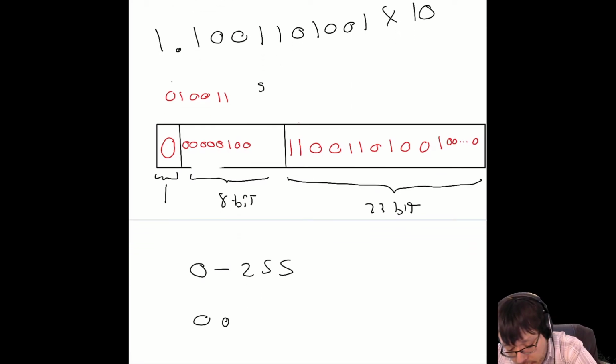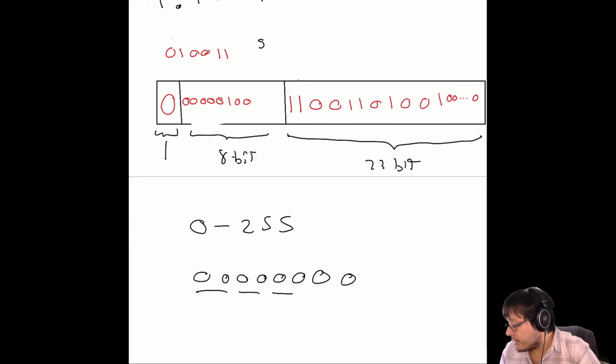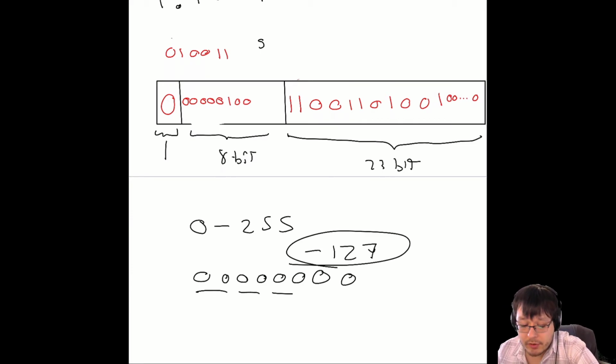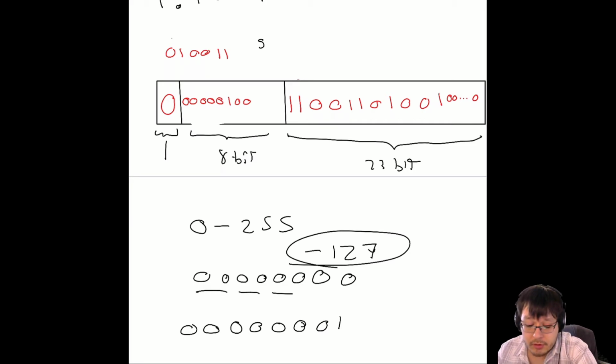If you have all zeros in the exponent, that actually is considered to be -127. So all zeros is -127.